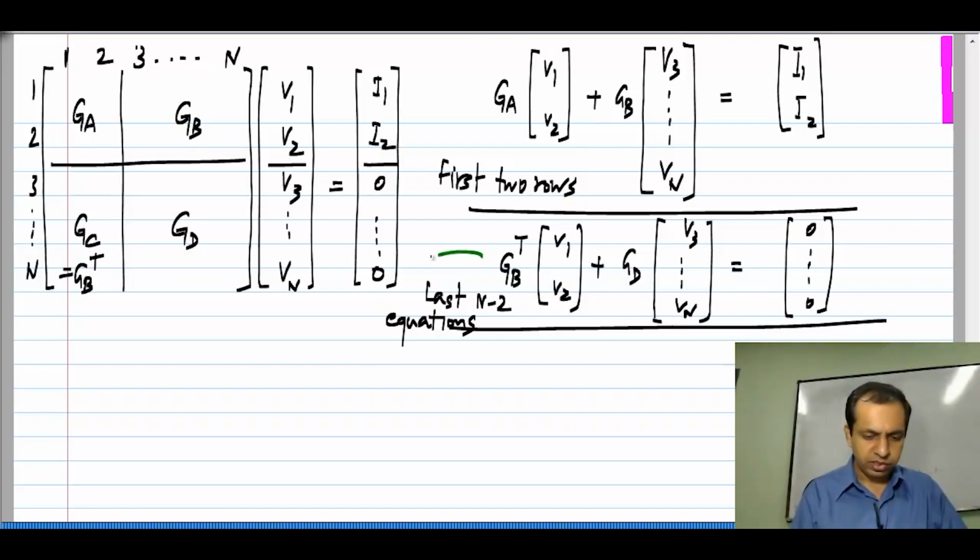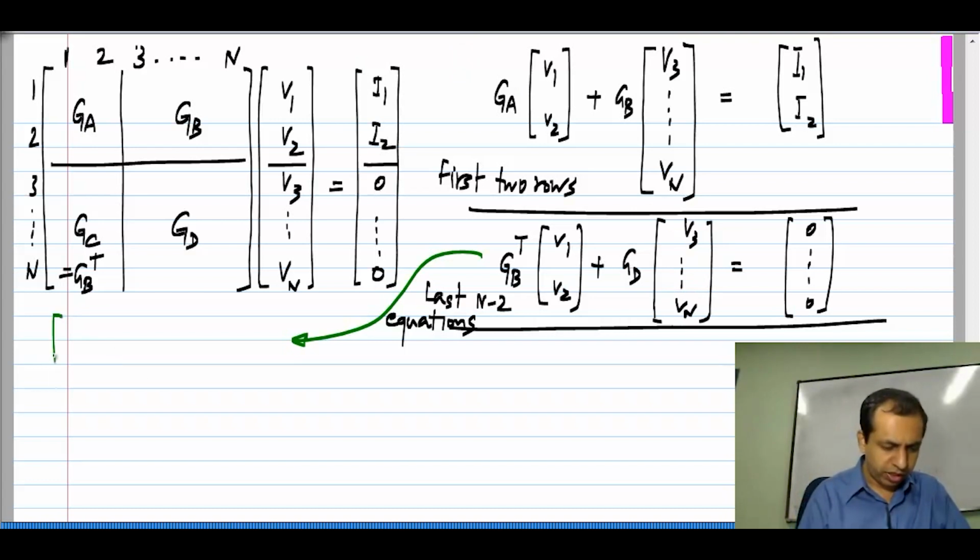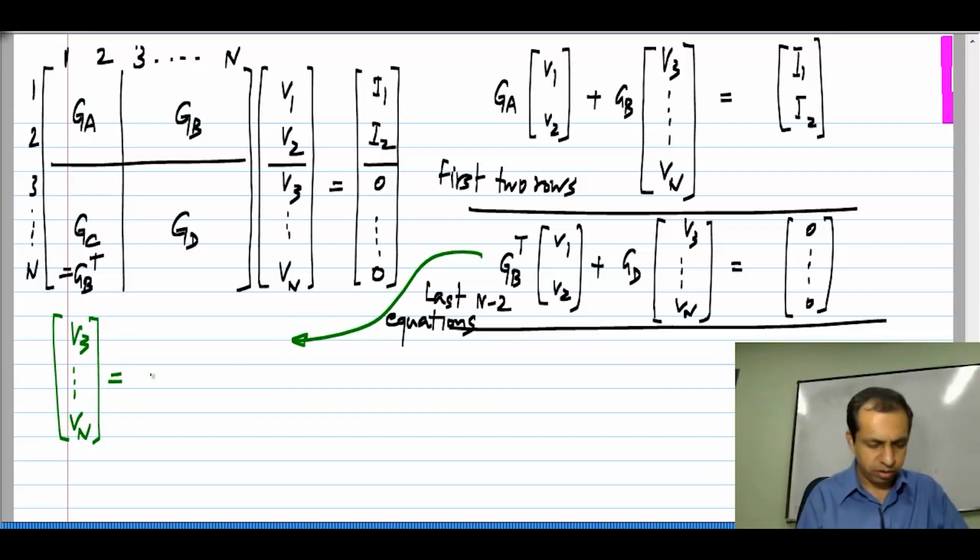So, from this one essentially I solve for this unknown vector. Okay. So, I will get that extra unknown vector V 3 to V n to be minus G D inverse times G B transpose times V 1 V 2.